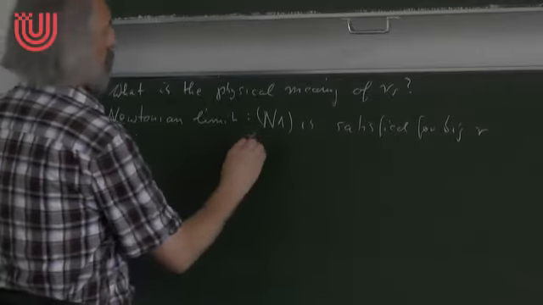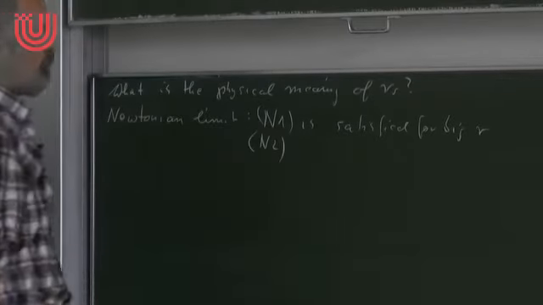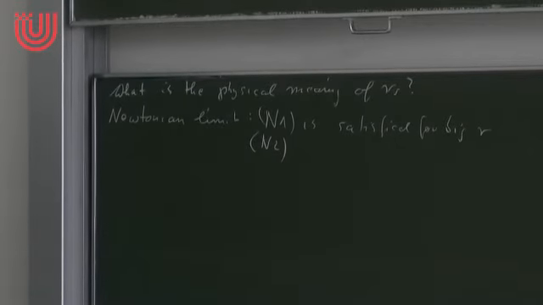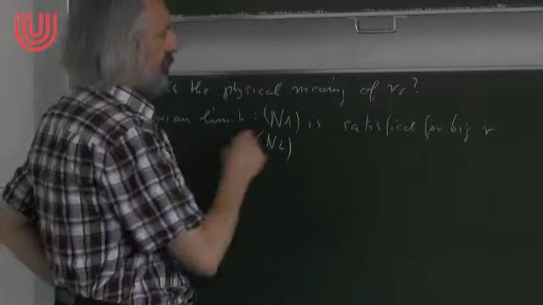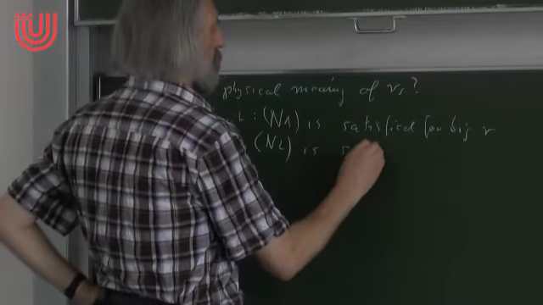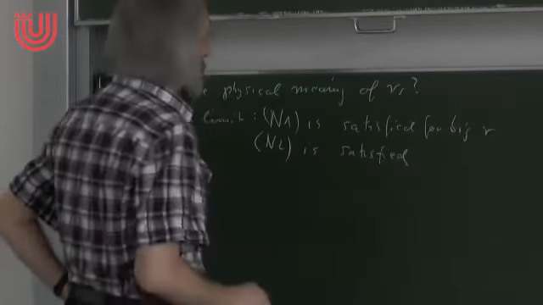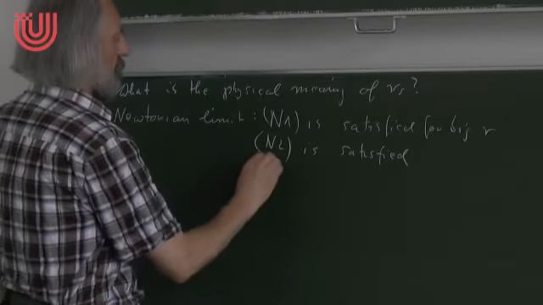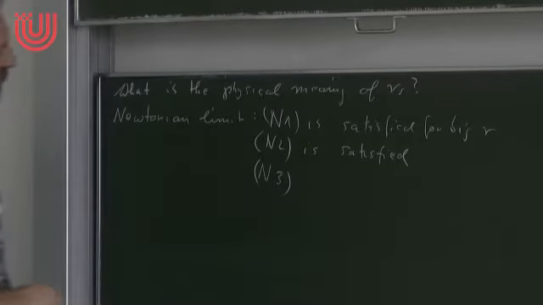What about the other ones? N2 was the condition that the metric should be time independent, at least approximately. Well, here it is even precisely time independent. So this is always satisfied everywhere. And N3 was a condition about particle motion. It had nothing to do with the metric, that we considered particles which move slowly in the metric.